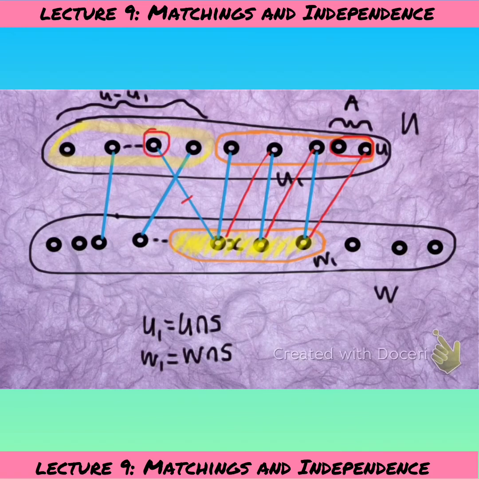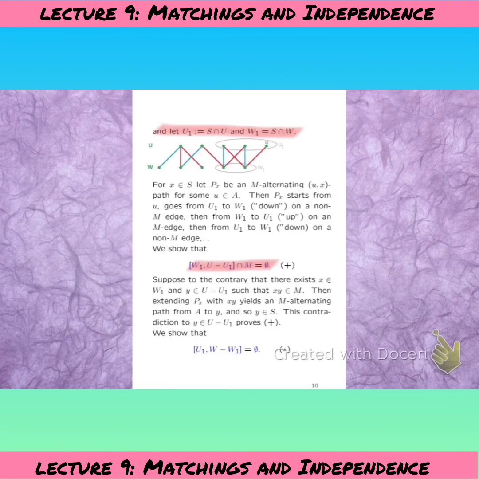But that implies that the encircled vertex must lie in U1, while we already assumed that it lies in U minus U1. So it's clear that little part is empty.